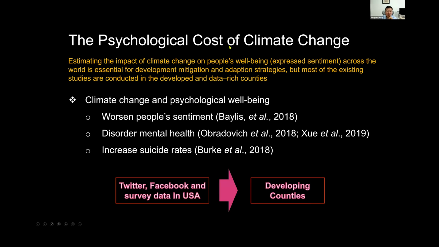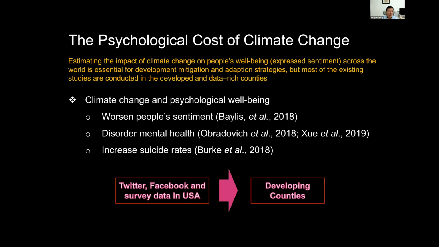But the psychological cost of climate change is uncertain.